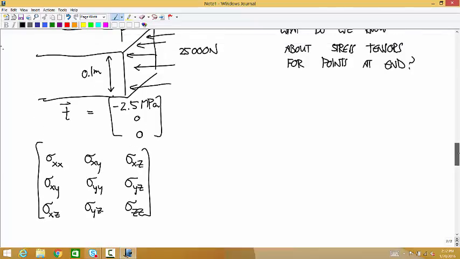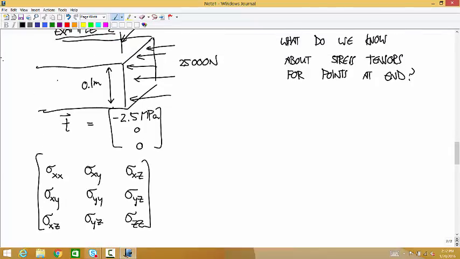What's the outward-facing normal for that face? 1, 0, 0. And we know that has to equal negative 2.5 times 10 to the 6, 0, 0.